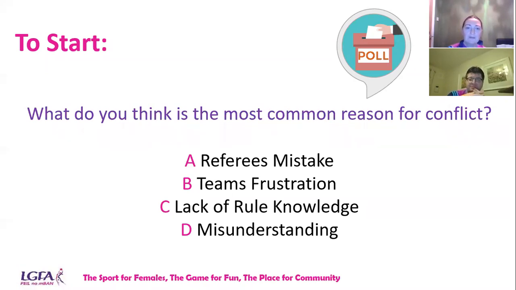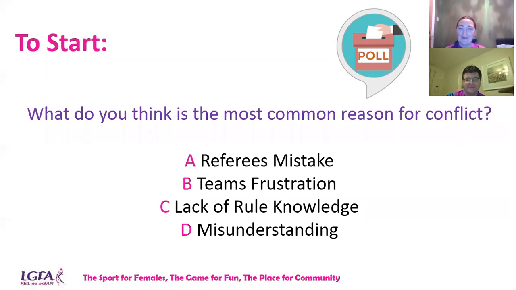Let's give you another 5, 4, 3, 2, and 1. And you can see people's thoughts on this as well. We've got lack of rule knowledge at 63%, team frustration 32%, and misunderstanding 5%. Quite telling to see that nobody went with the referee's mistake.